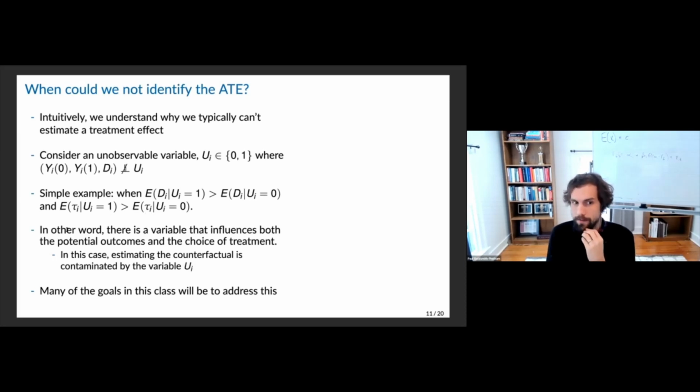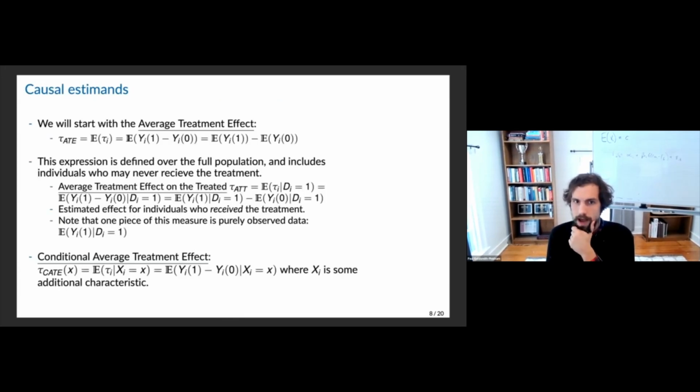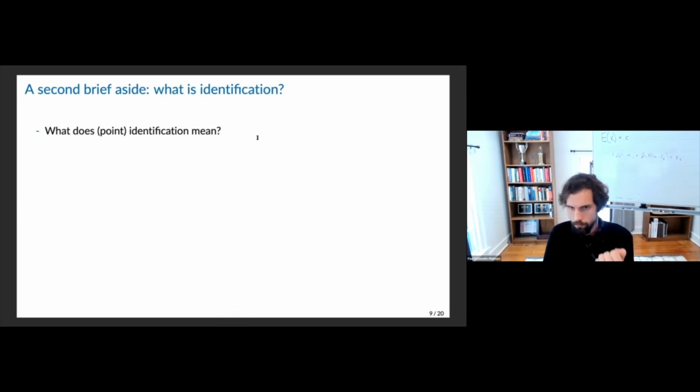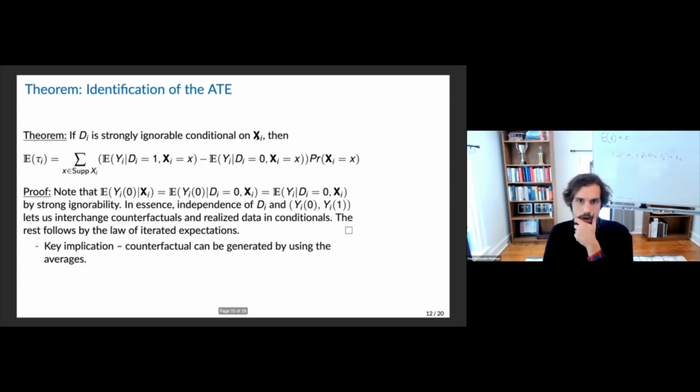If we tried to estimate this parameter, say the average treatment effect, and plugged in the observed data, it would be biased upwards, because we would have given more of the treatment to the people who have a positive effect and less of the treatment to the people who would have a lower effect. A lot of this course is going to be centered around addressing this issue.